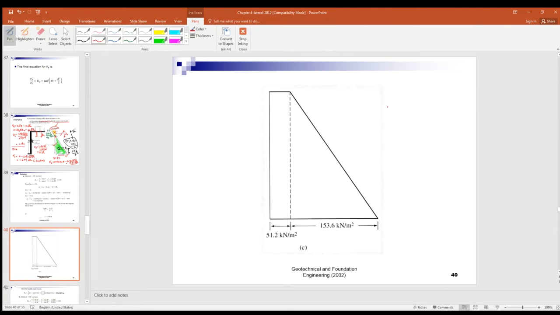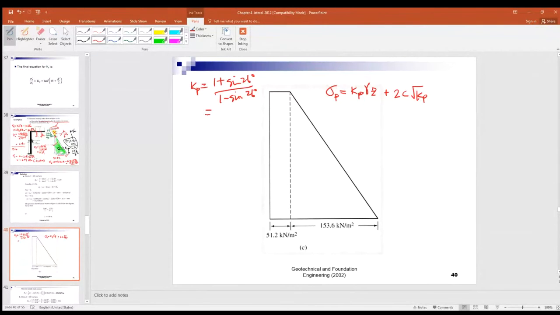Okay. So sigma P equals to what? Kp, right? Gamma Z, remember, plus 2C square root Kp, right? Now Kp is equals to what? Here, 1 plus sine 26 over 1 minus sine 26, right?